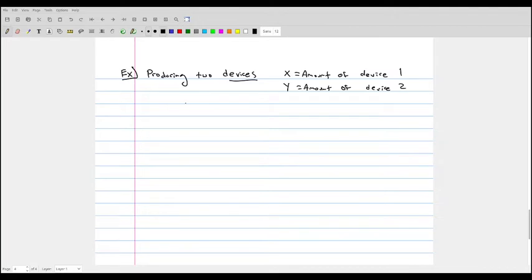And specifically, we have a production constraint, so it's subject to the maximum total amount, or combined total of these devices, being equal to some value. We'll just say 60 for argument's sake. So that means that x plus y is equal to 60.